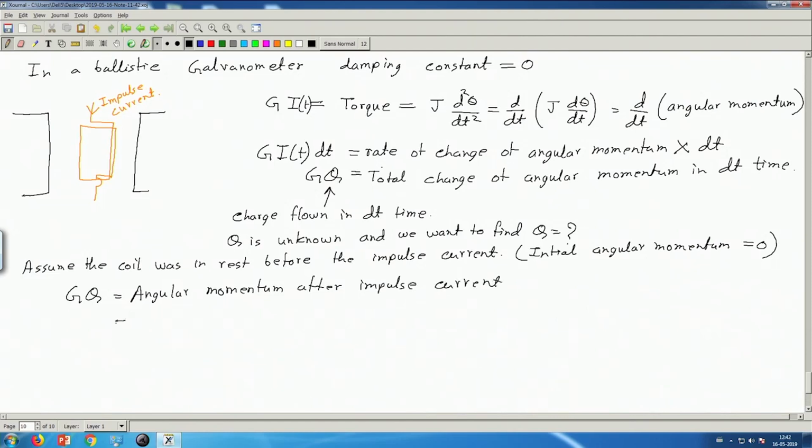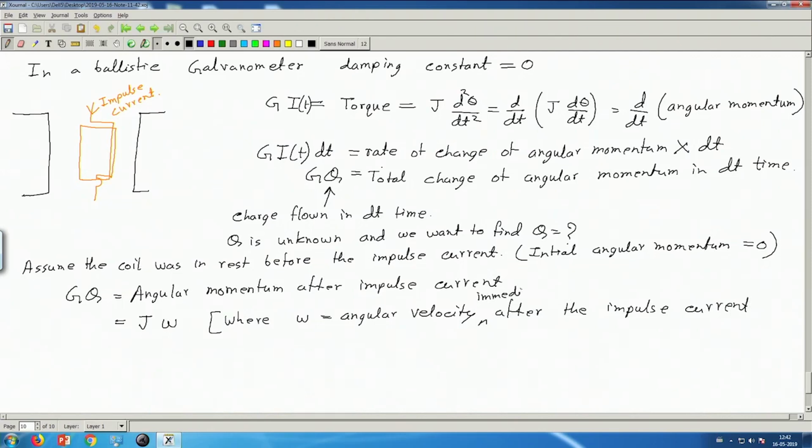and then this should be equal to J times omega, where omega is the angular velocity immediately after the impulse current. And J is of course the moment of inertia.